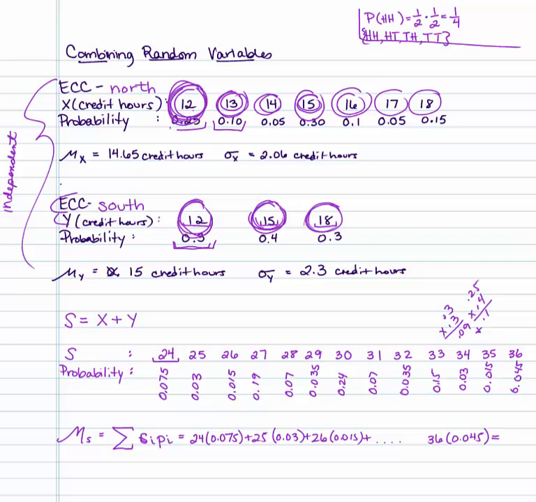So take a minute and do all those calculations. You should get 29.65. Now don't be mad at me, but there is a shortcut.